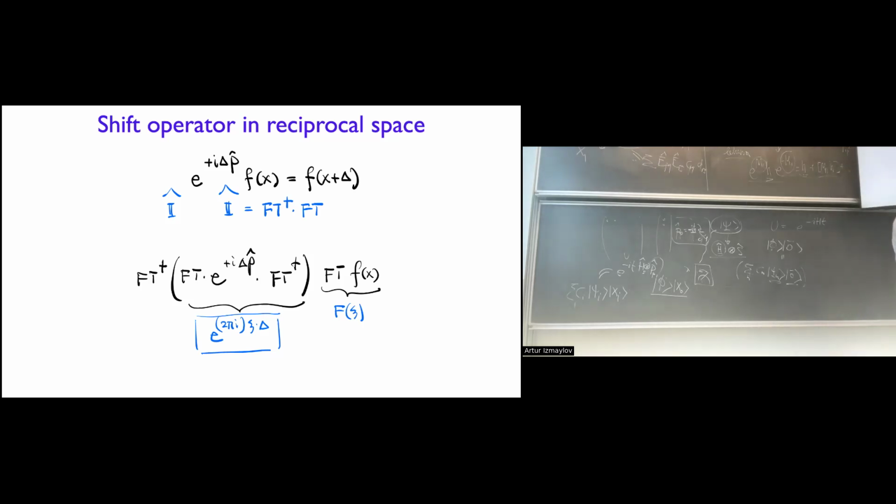And so then, if we just put that in, we could see that essentially our functions will first be Fourier transformed. And then the operator that exactly represents the shift is going to be just, in the reciprocal space, a phase factor. Okay, so that is way easier to implement, as it turns out, in quantum computing.